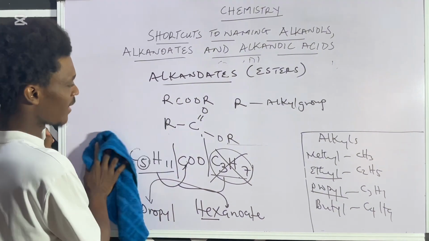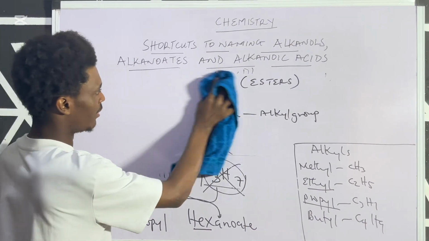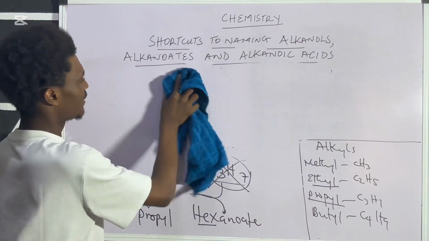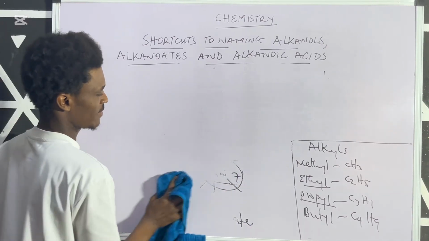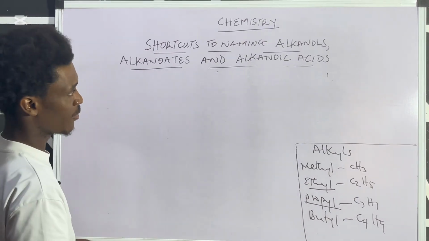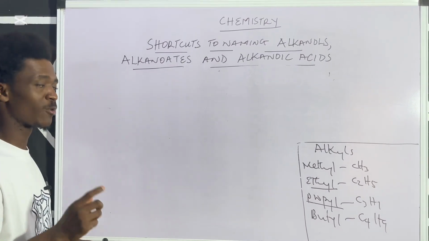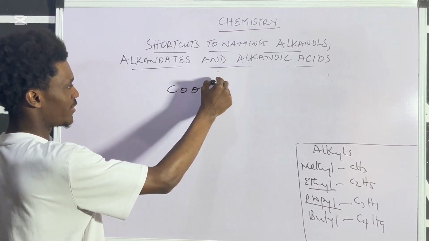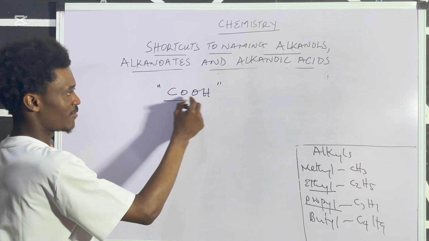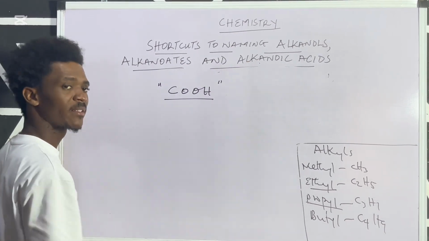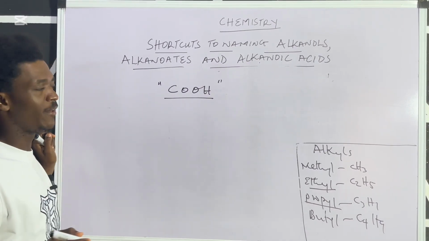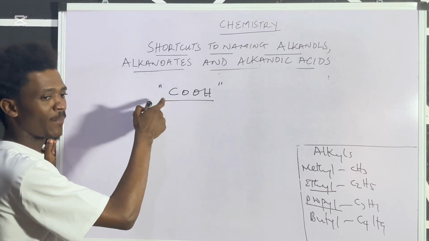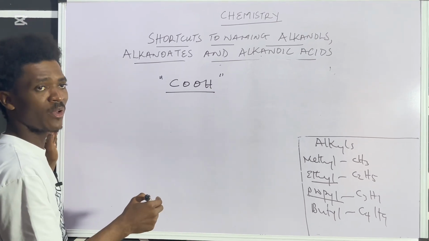So the next that we'll look at would be on the naming of alkanoic acids. Now, when we say alkanoic acids, we are referring to compounds that usually carry the COOH group. All right, this is the functional group of the alkanoic acids. So now, if you are told to name compounds like this, how would you go about naming them?